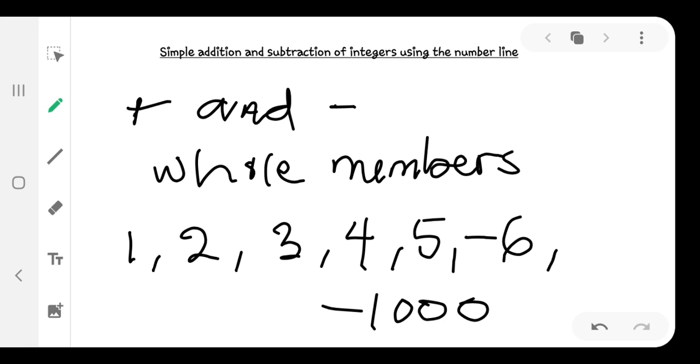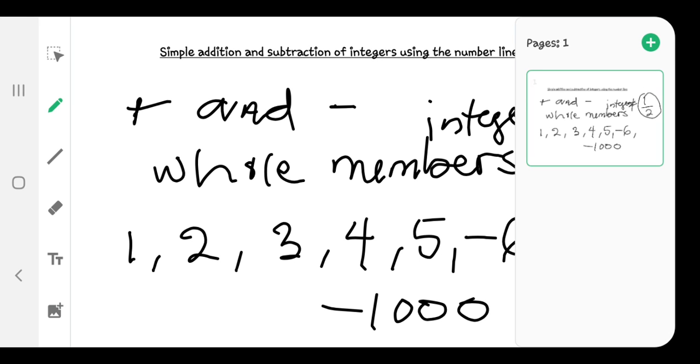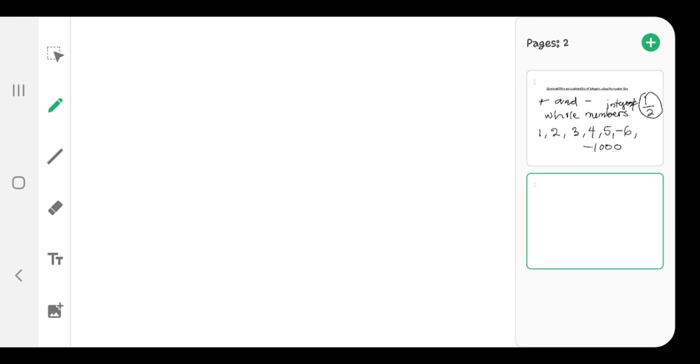So we can say that a fraction, say 1 over 2, is not a whole number. It's not an integer. Negative 1 over 2 is also not an integer.